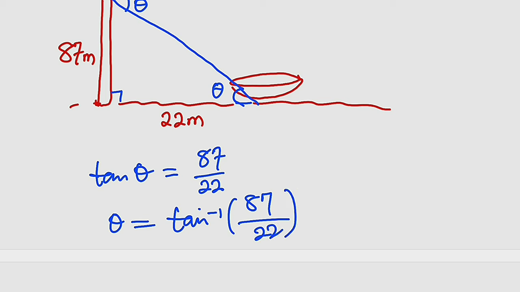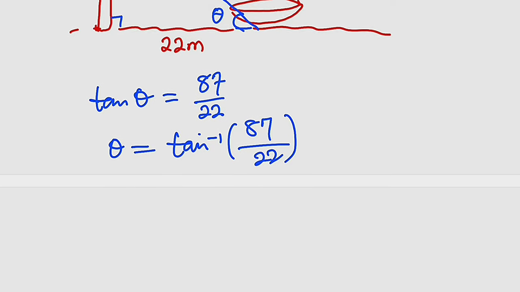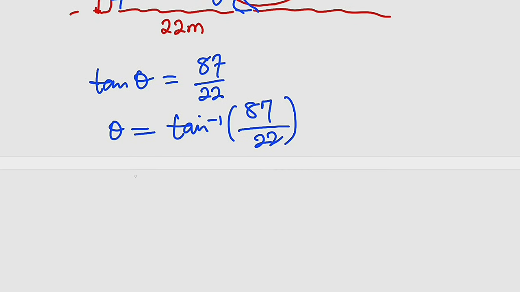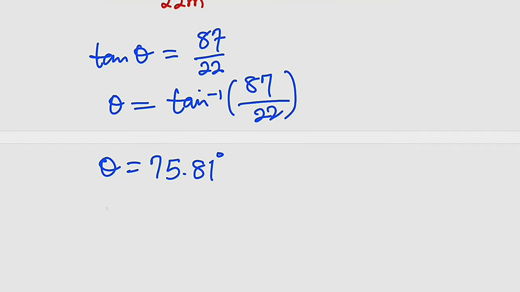So just use your calculator, press tan inverse of 87 divided by 22. And this will give us 75.81 degrees. But remember that they said to the nearest degree, so we have to round it to 76 degrees. And this is the solution to this problem.